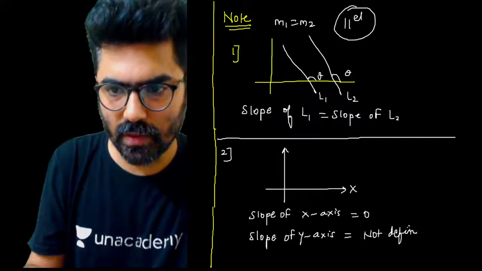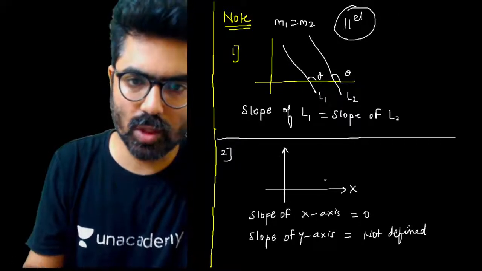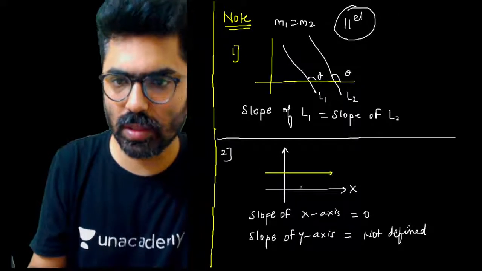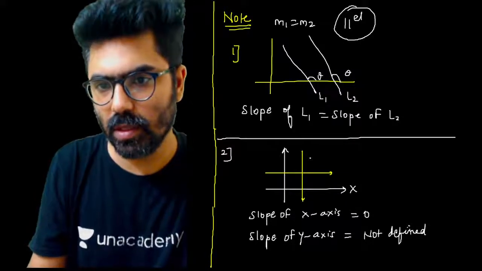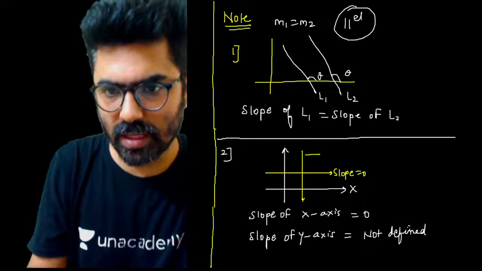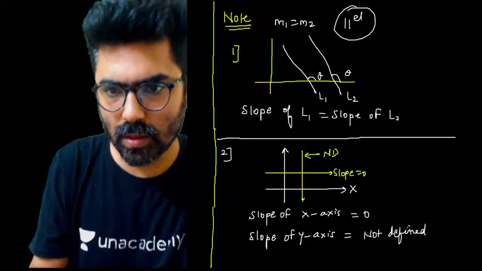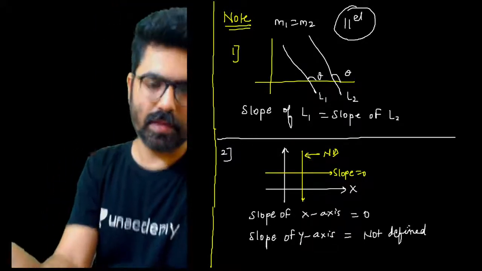Even the slope of a line parallel to the x-axis is 0, and the slope of a line parallel to the y-axis is also not defined. The slope of this line is 0 and the slope of this line is not defined. I hope this is clear.